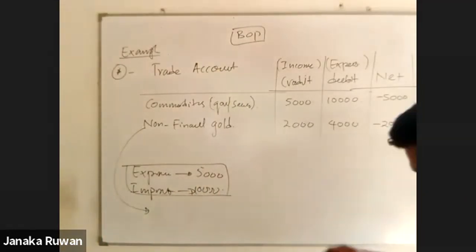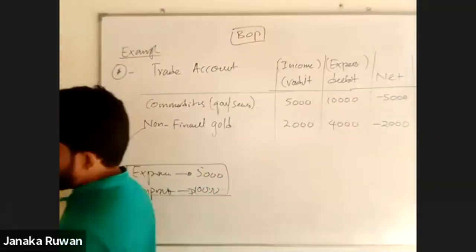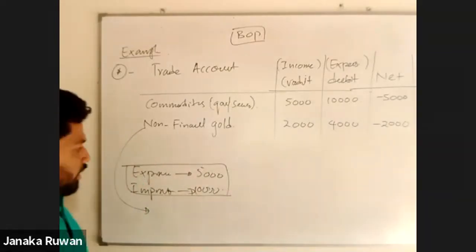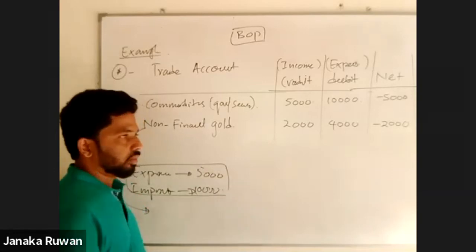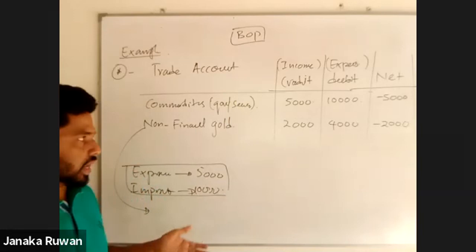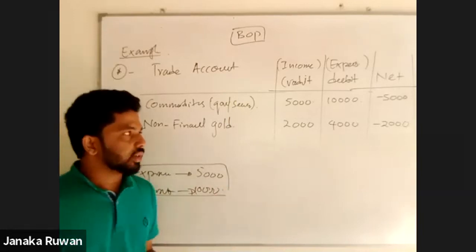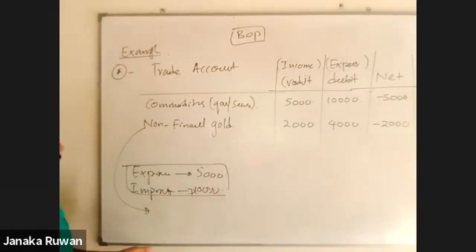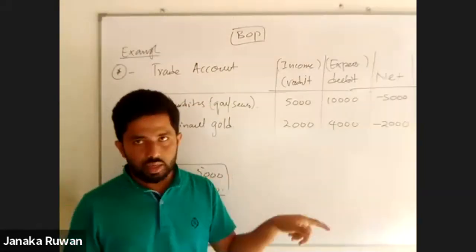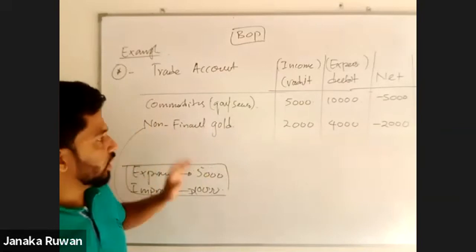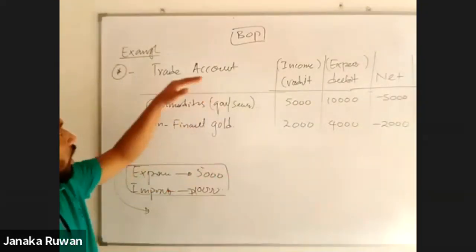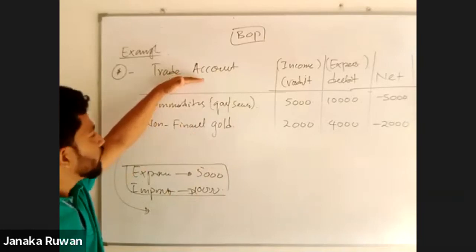We discussed that the balance of payment has three main components: the current account, capital account, and financial account. We divide the current account into four parts: trade account, service account, and the primary and secondary accounts. We are just discussing the balance of the trade account.